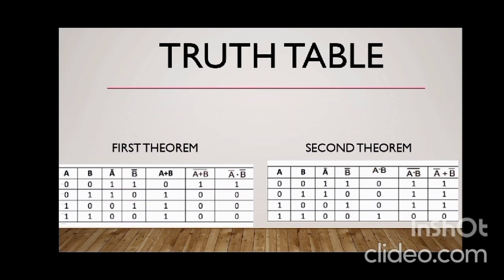Next, A 1, B 0, A bar 0, B bar 1, A dot B 0, A dot B whole bar 1, A bar plus B bar 1. Next, A 1, B 1, A bar 0, B bar 0, A dot B 1, A dot B whole bar 0, A bar plus B bar 0.